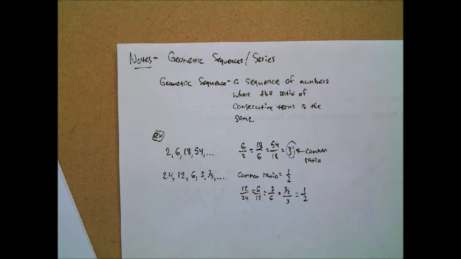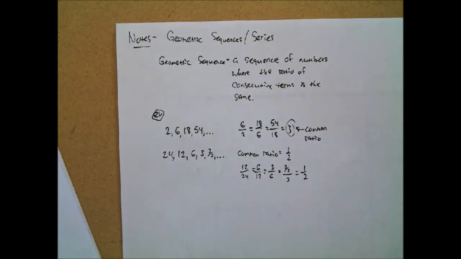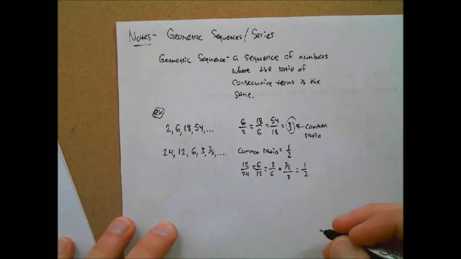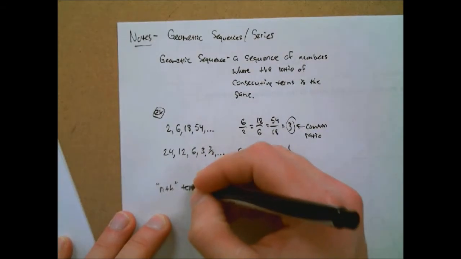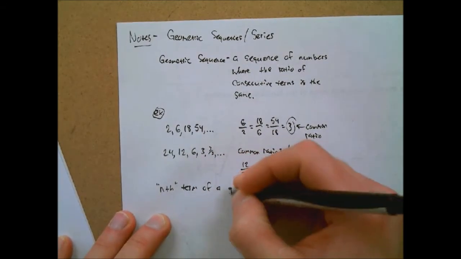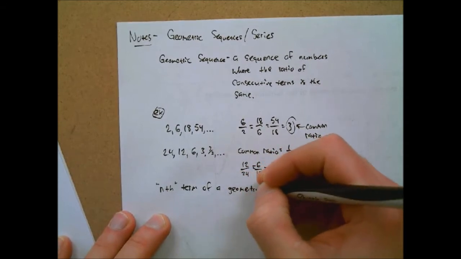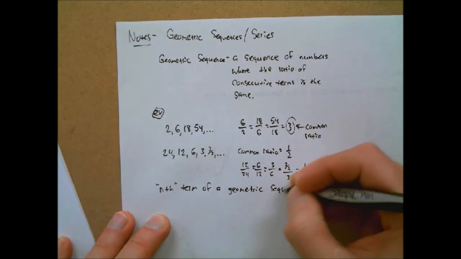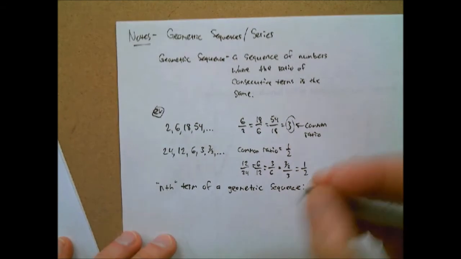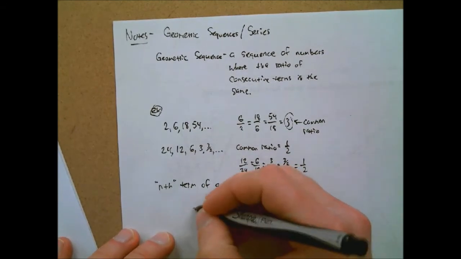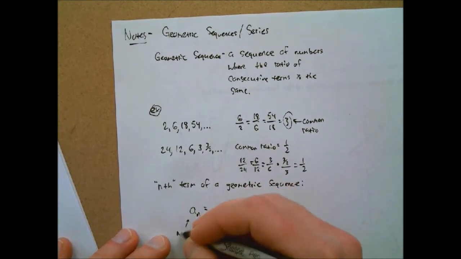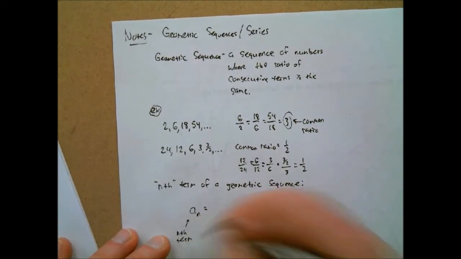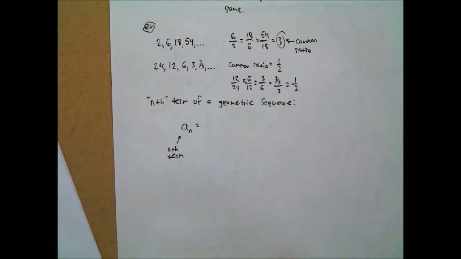Right. For the formula for the nth term of a geometric sequence, okay, it's going to be, of course, a sub n equals, for the nth term, okay.